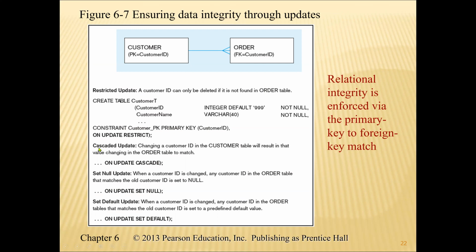Also, we can do what we call the cascaded update. That's changing a customer ID in a customer table will result in that value changing also in the other table to match. So they have to be consistent in the two relationships.